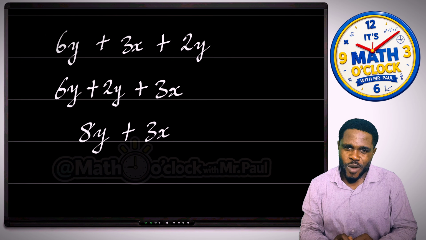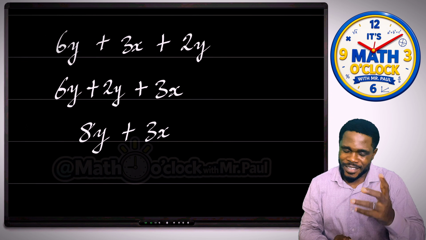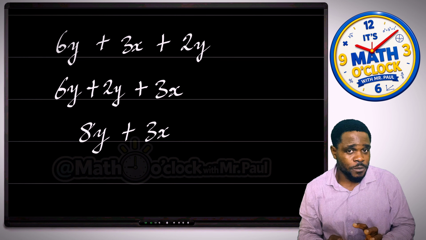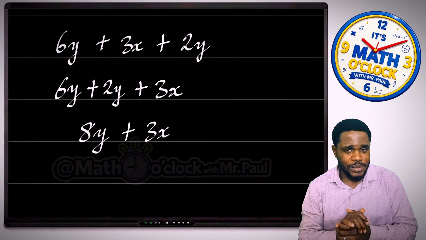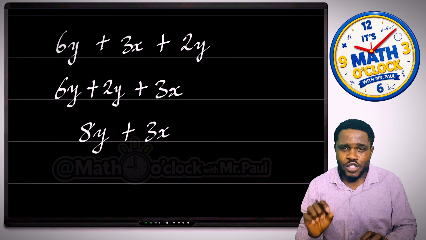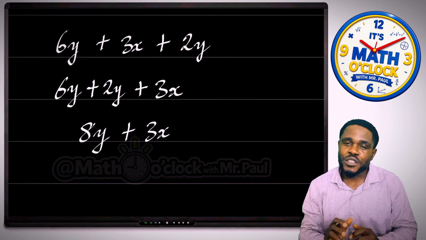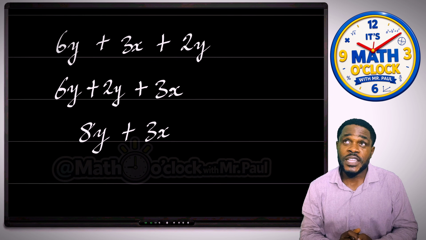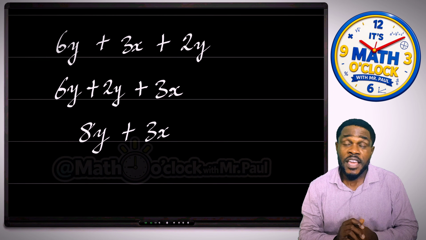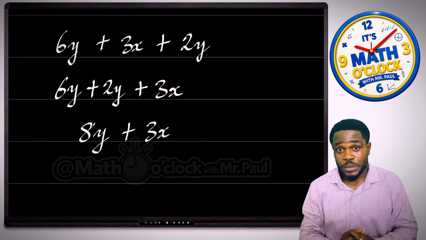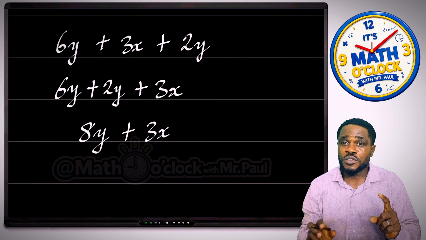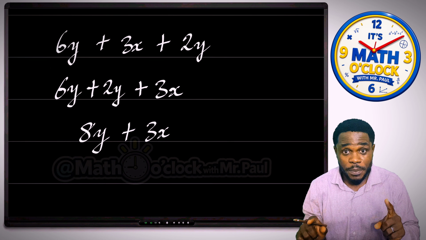And someone is asking why. Okay, beautiful. Let me tell you why. If I have 5 oranges and 2 apples, what do I have? Will I say 5 plus 2, that's 7, and then 7 orange apples?